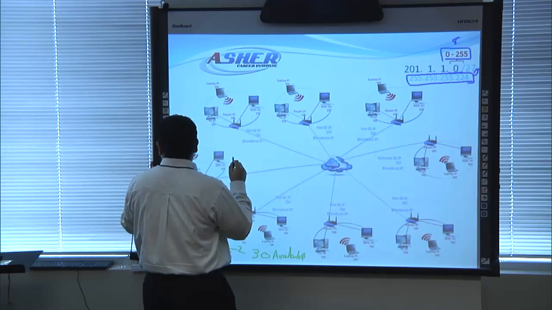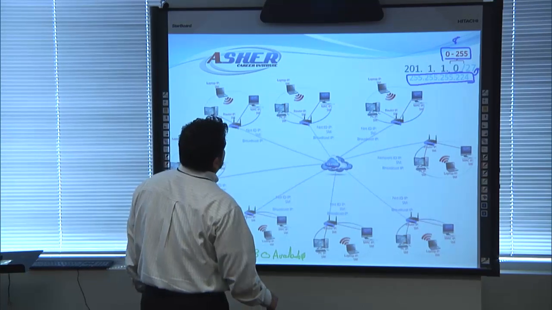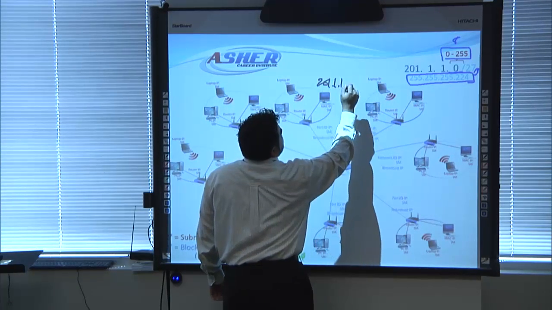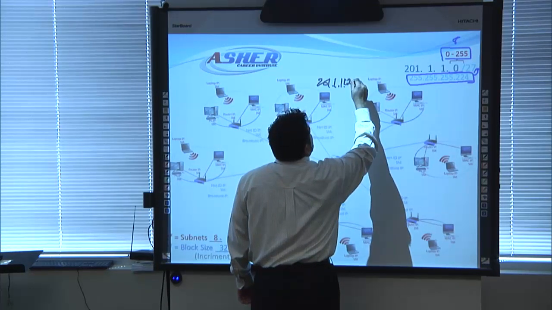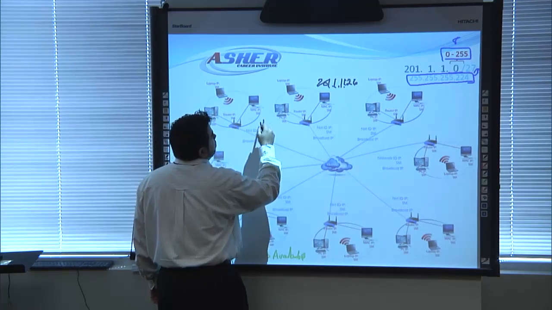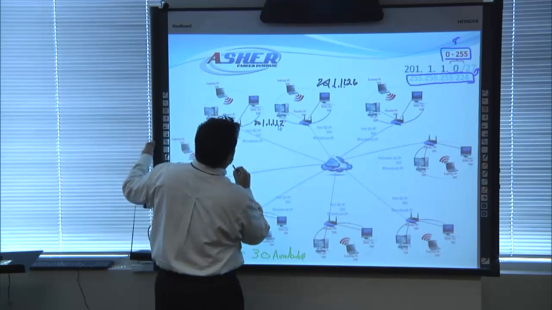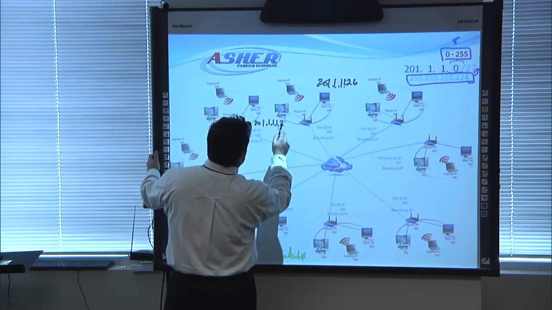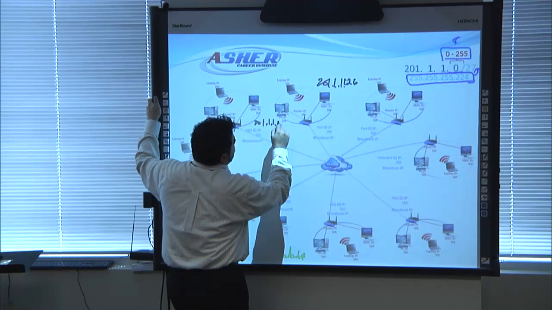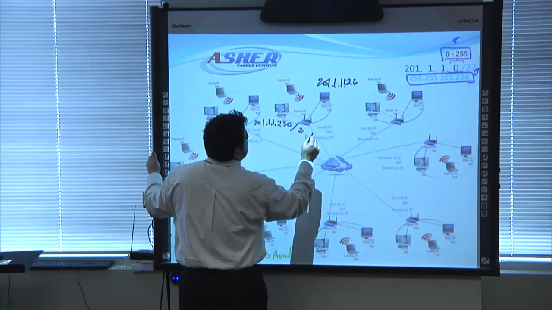If I had something like this going on, this computer here has an IP address of 201.1.1.126, and this computer over here has an IP address of 201.1.1.230, and they both have a CIDR notation of 27.